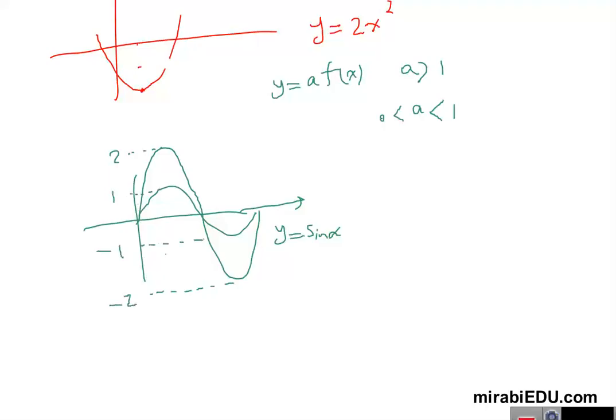So here we see more easily that the graph is extended in y direction, but in the case of a parabola we can say the graph will be more sharp.